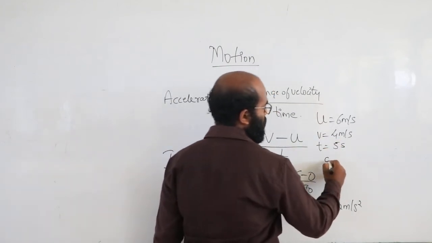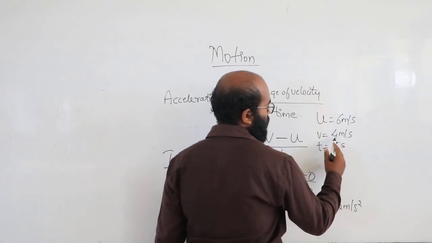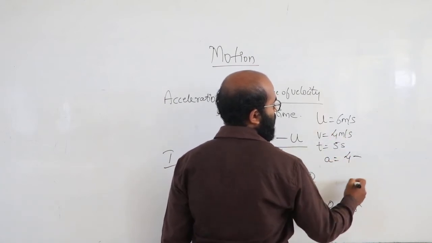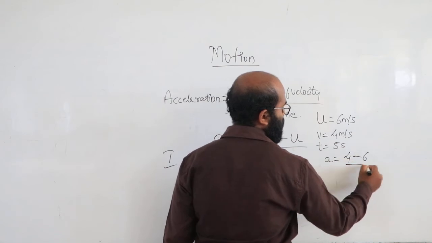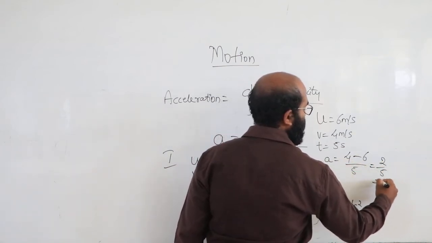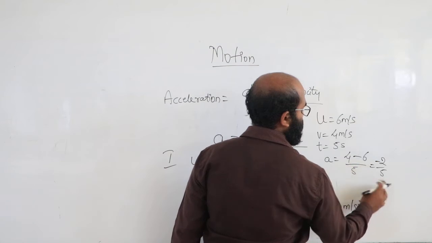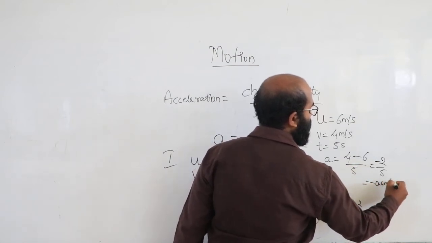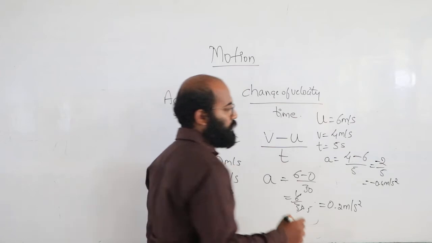So what is the acceleration? Final velocity 4 minus initial velocity 6 by 5, that is 2 by 5. So sorry, it is minus 2 by 5, minus 0.4 meters per second square.